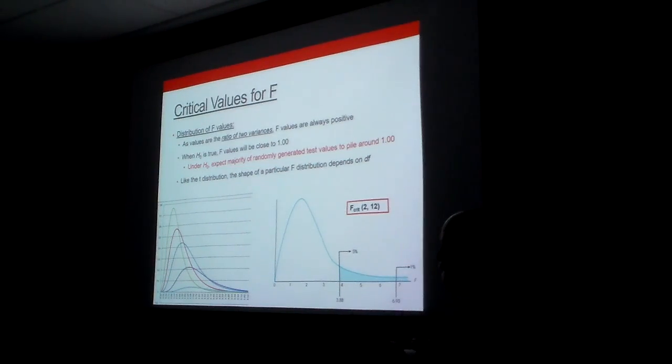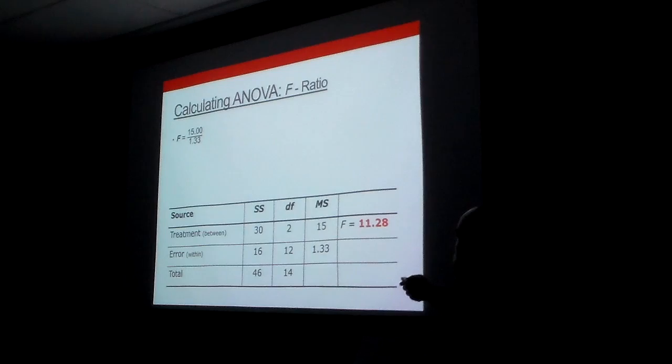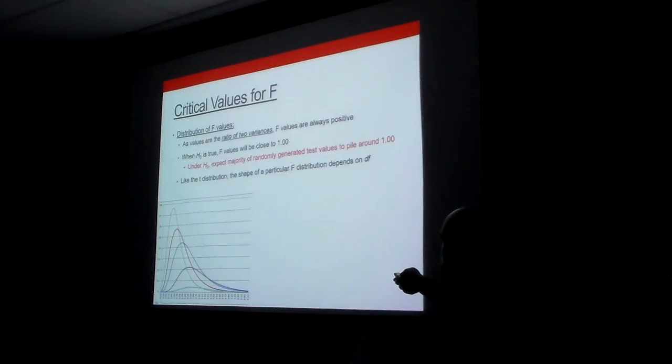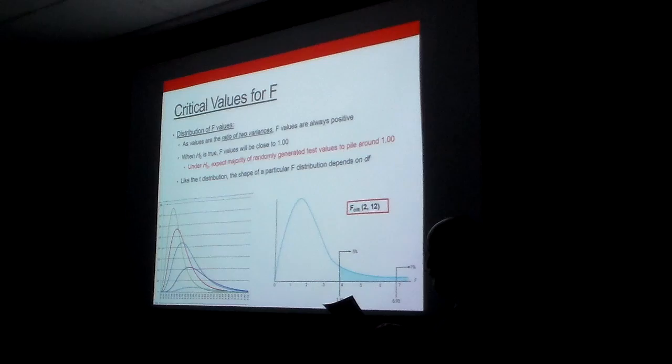So if I look at my alpha table, in the test that we just ran, we've got degrees of freedom between is 2, degrees of freedom error is 12. And so if I look at the critical value at alpha equal 0.05 for F with 2 and 12 degrees of freedom, I see 2 in the numerator as my between. I go down to the degrees of freedom in the denominator, my error degrees of freedom, which is 12.